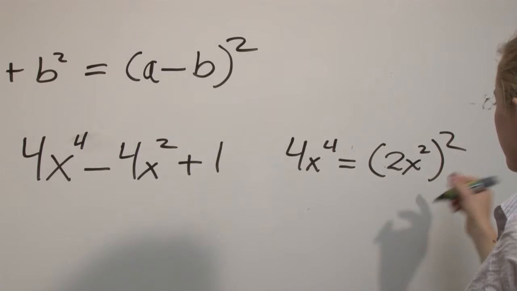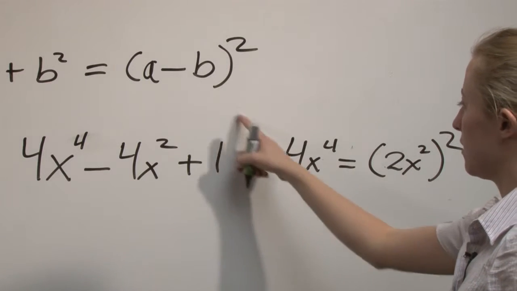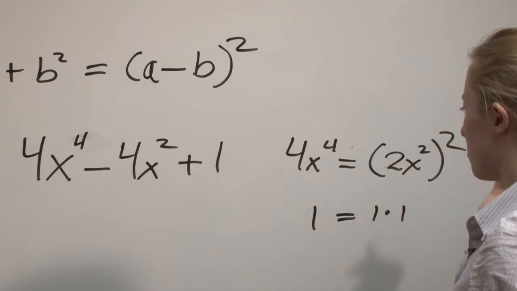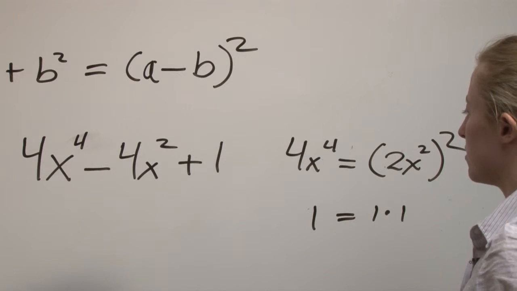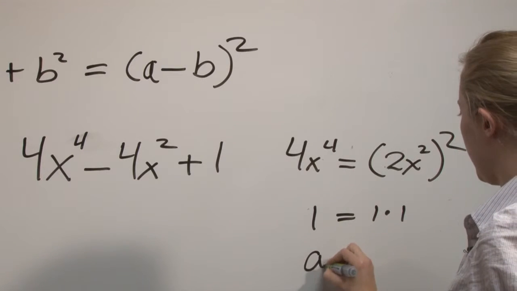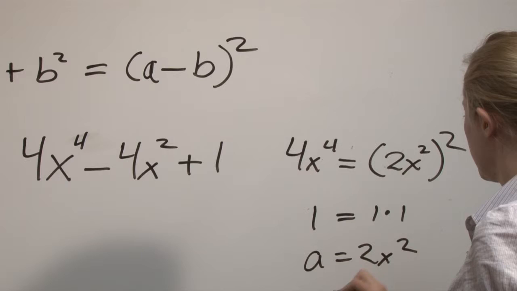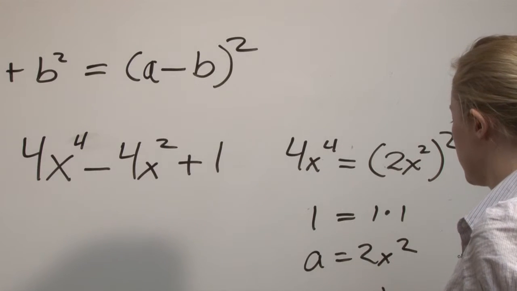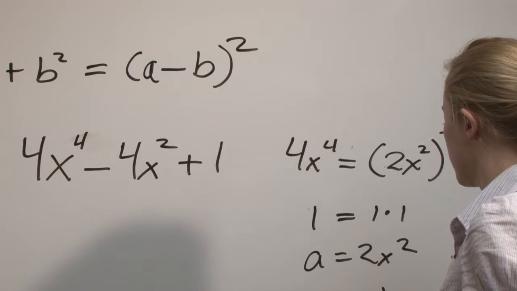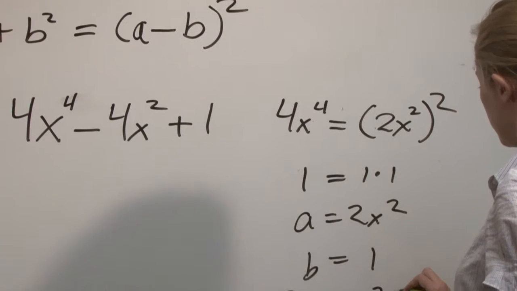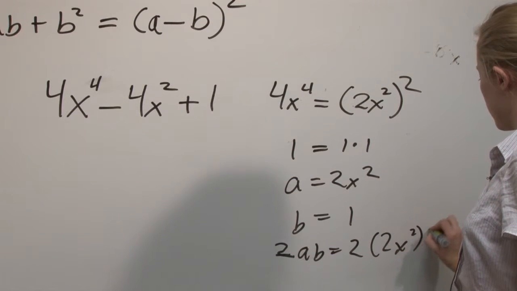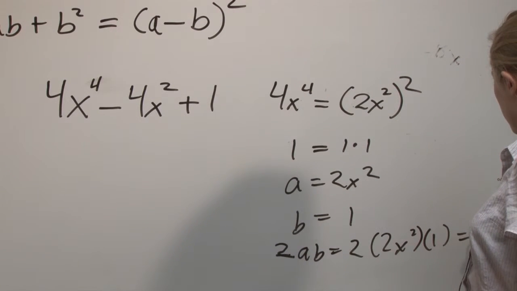So this one is a perfect square. 1 is 1 squared. So then my a is 2x squared, b is 1, so 2ab would be 2 times 2x squared times 1, which is going to be 4x squared.